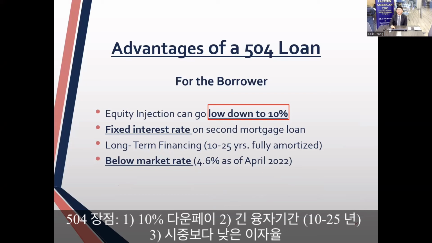But we can do a true 10% down payment on the total project cost. And we're giving a 40% second mortgage loan at a fixed interest rate for 25 years. It's a really low interest rate with the 25-year fixed, and we are always below market rate. In April the rate was 4.6.